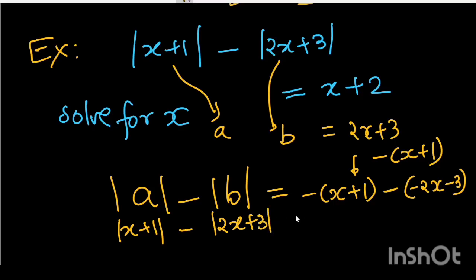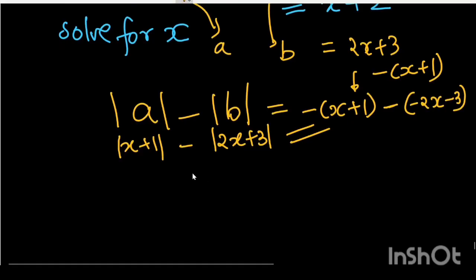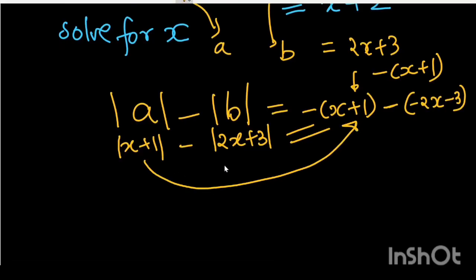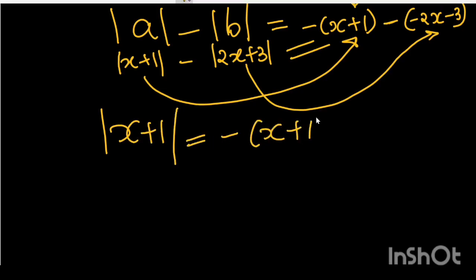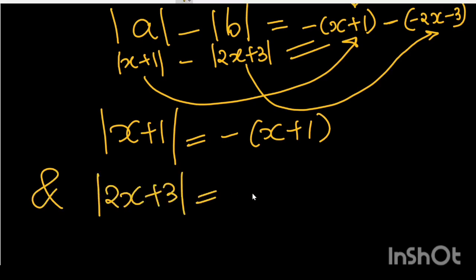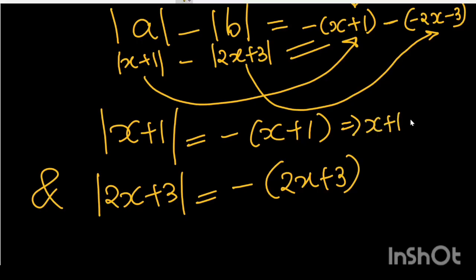Mod of x plus 1 is written as minus x plus 1, and mod of 2x plus 3 is written as minus 2x plus 3, which means x plus 1 should be negative, and from here 2x plus 3 should also be negative.